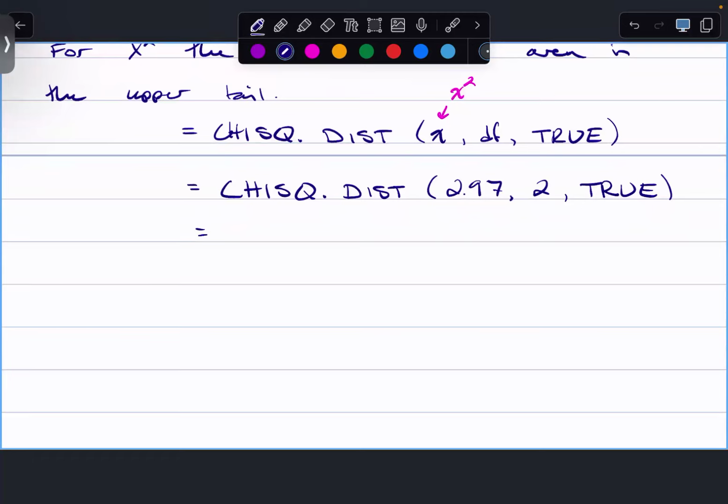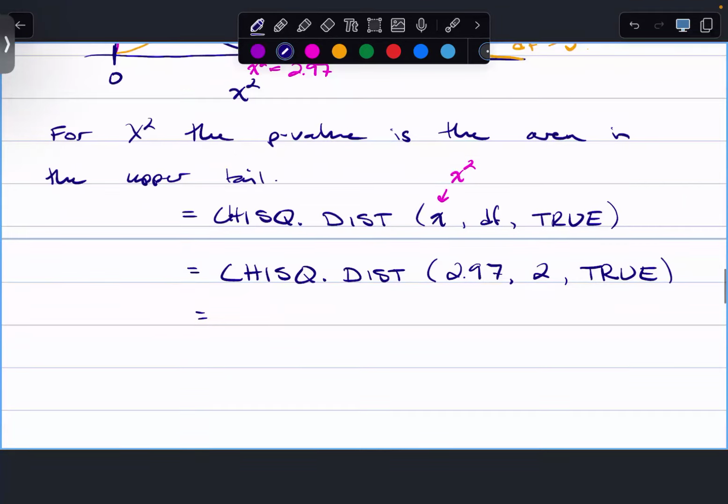Does it return anything? Something like 0.7 something, hopefully. Why is the degrees of freedom 2? Because we have three categories, so k equals 3. The degrees of freedom is k minus 1, which makes 2.